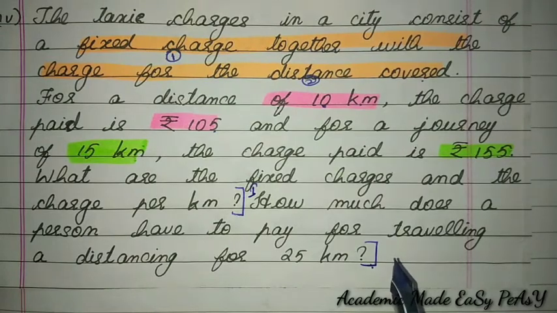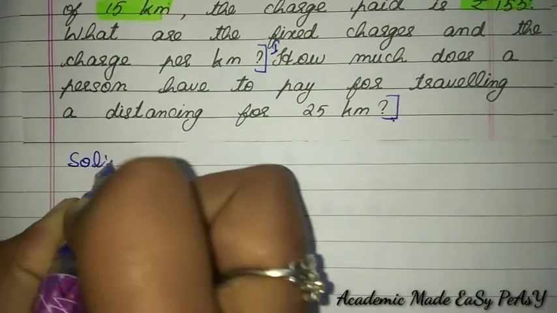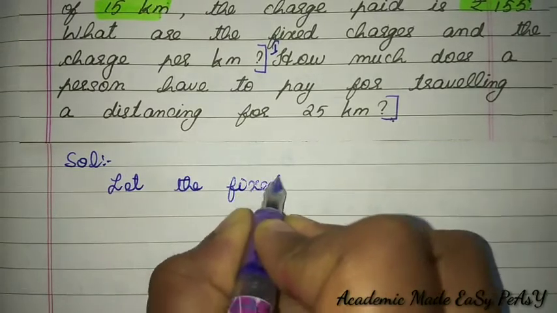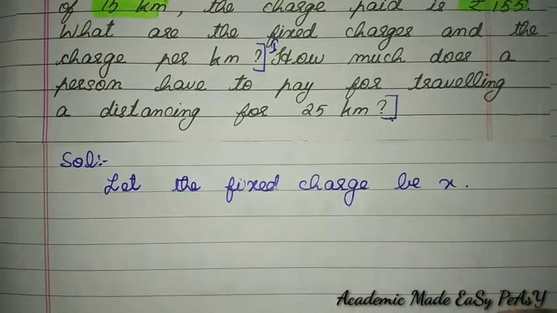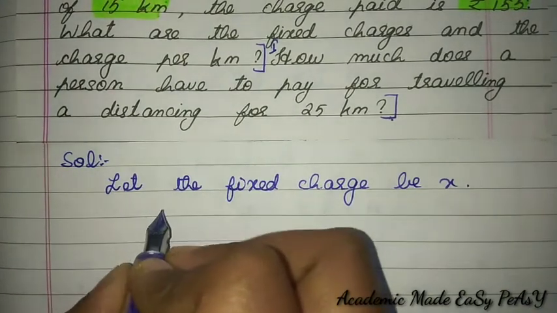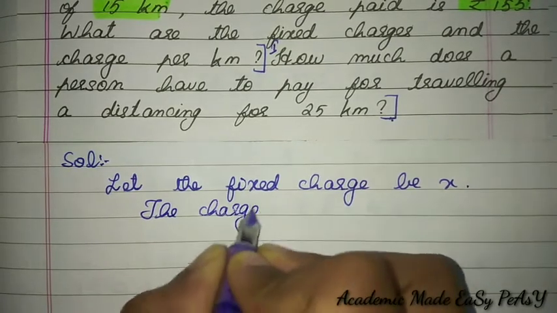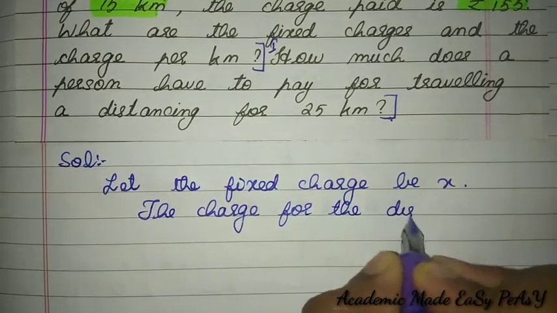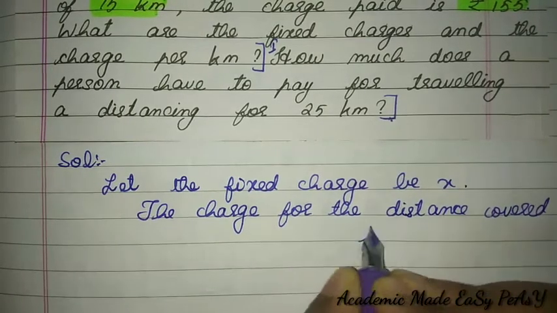So now let us start writing the equations. Solution. Let the fixed charge be x and the charge for the distance covered be y.